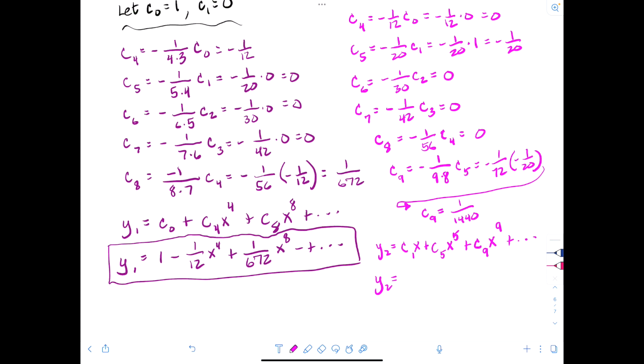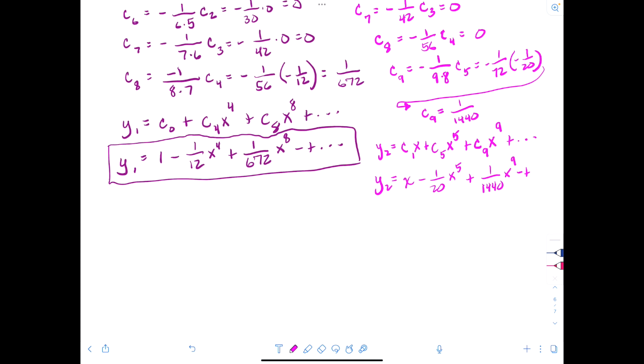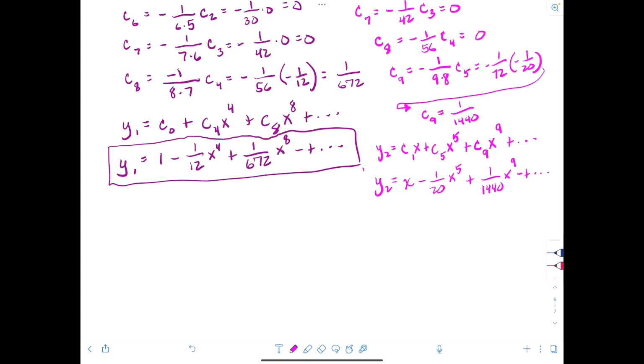Cool. 1 times x is x. C5 is negative 1/20 times x to the 5th. And then plus 1 over 1440 times x to the 9th. And then minus plus ... Groovy? All right. So we're all done with that example.